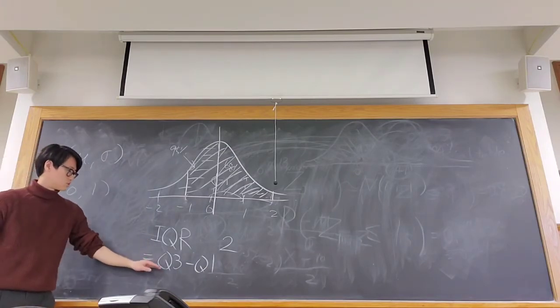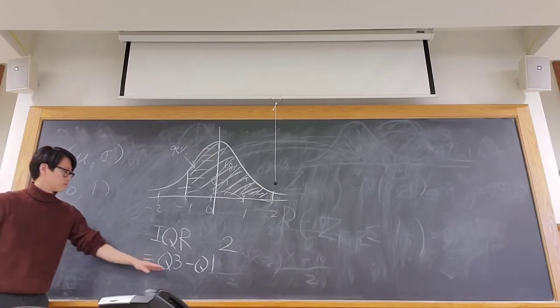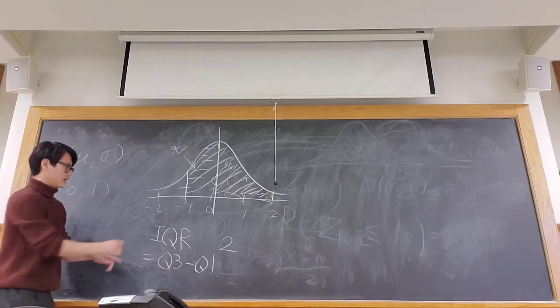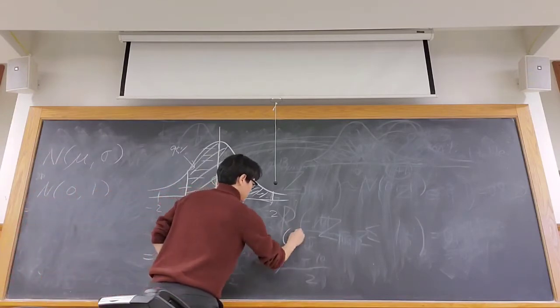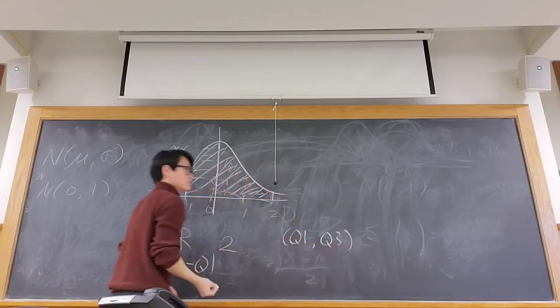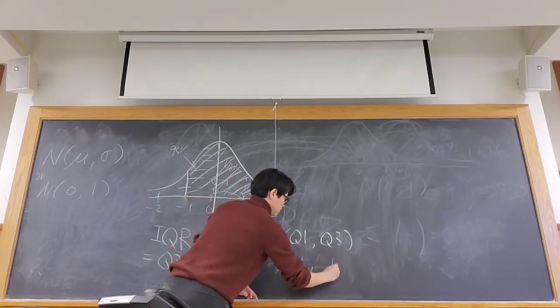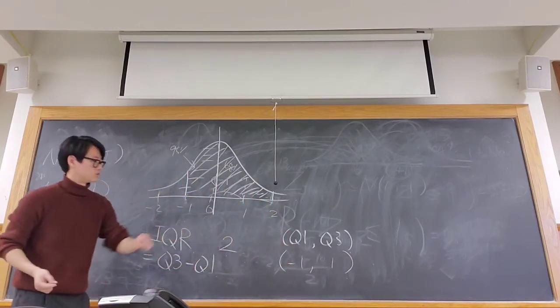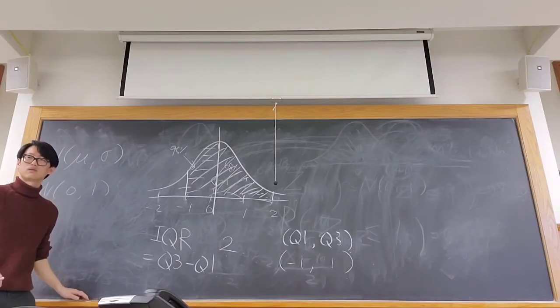Because IQR is Q3 minus Q1, and when you think about these two, maybe I can convert this one into the range from Q1 to Q3, right? And this 2, maybe convert this 2 into the range like -1 and 1. Does it make sense?